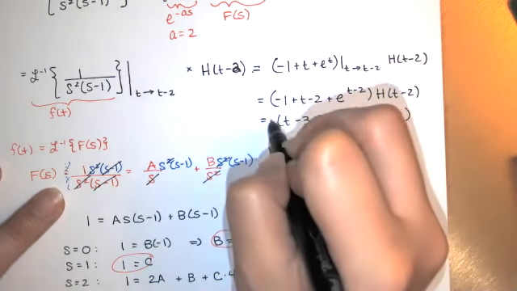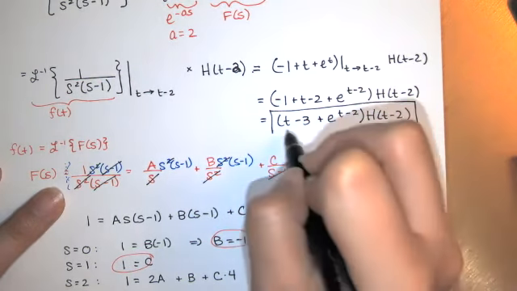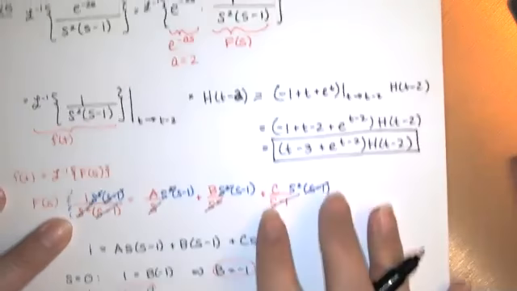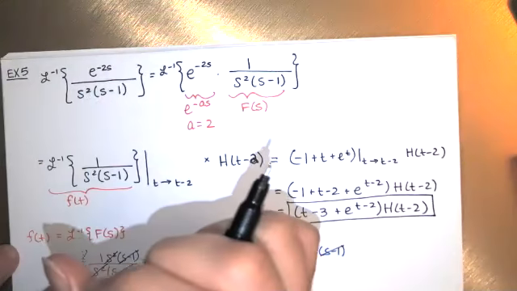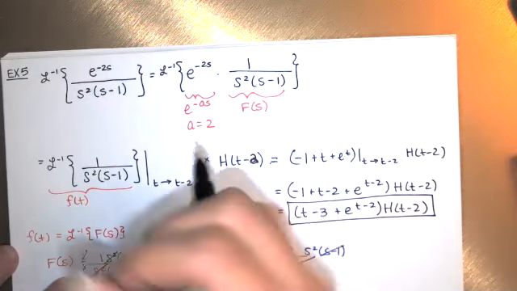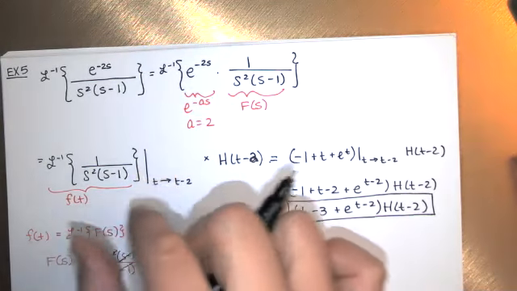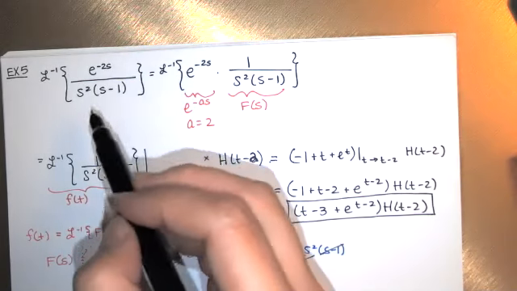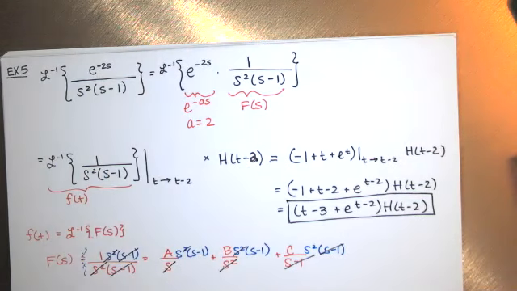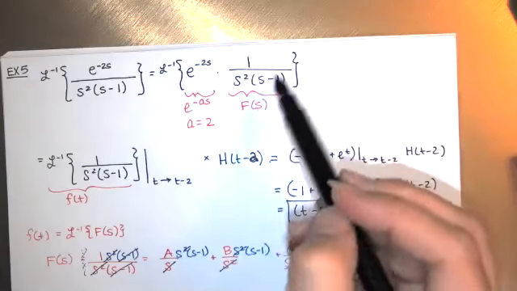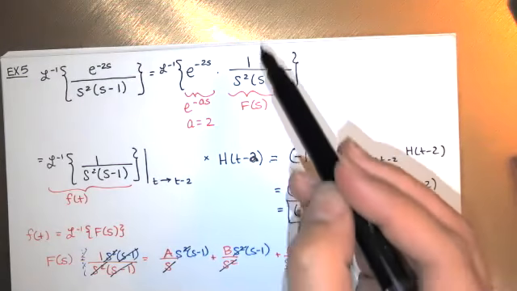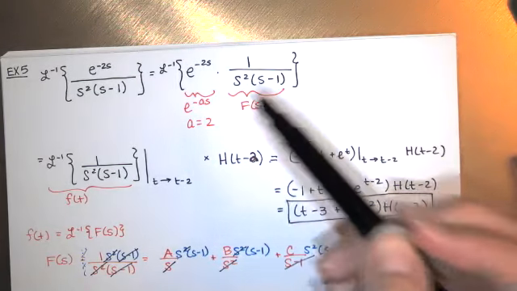So I just want you to be aware, when you see a problem like this, where it looks like you should be using partial fraction decomposition, but you've got this exponential in the numerator, a lot of students are like, oh, I don't know what to do with the exponential. They try to do the partial fractions with the exponential there. Don't do that. Factor out the exponential, and then you're going to use partial fractions for the rational function that remains.